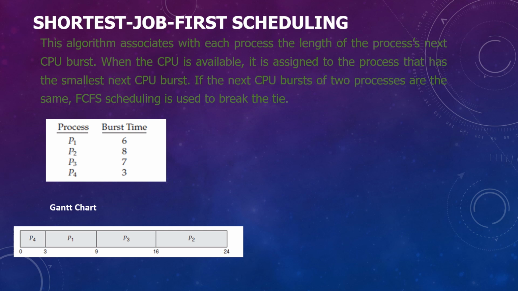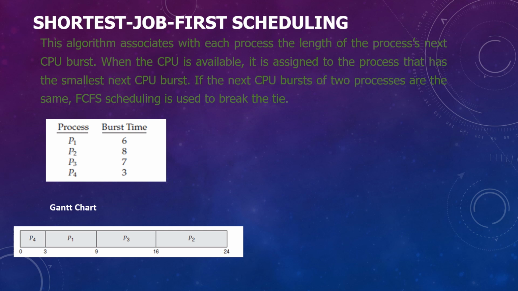P3 executes for 7 milliseconds and leaves the CPU at the 16th millisecond, and we have only one process left in the queue.